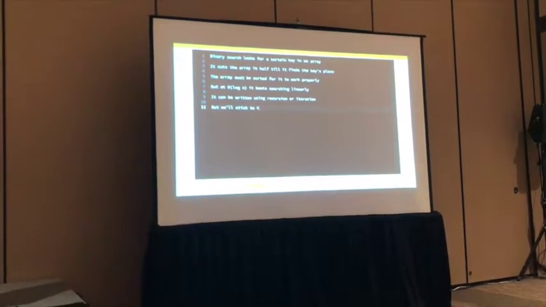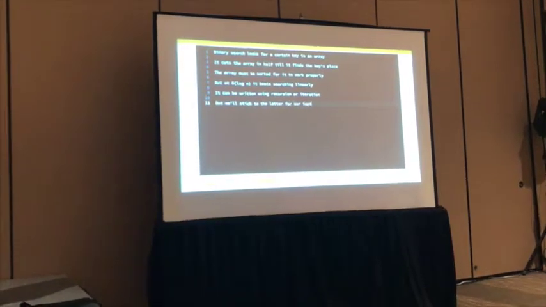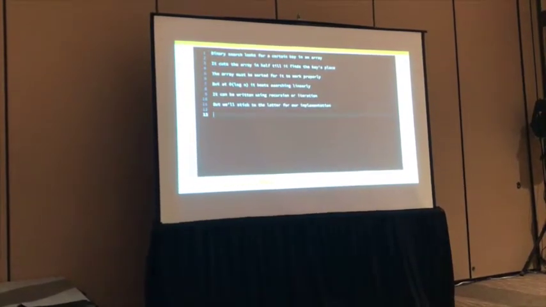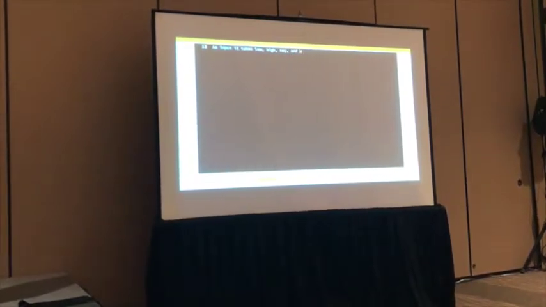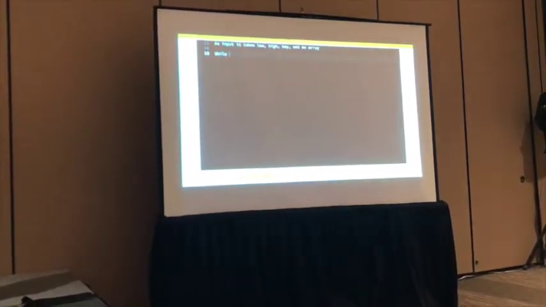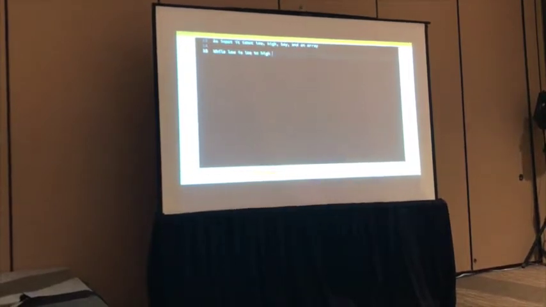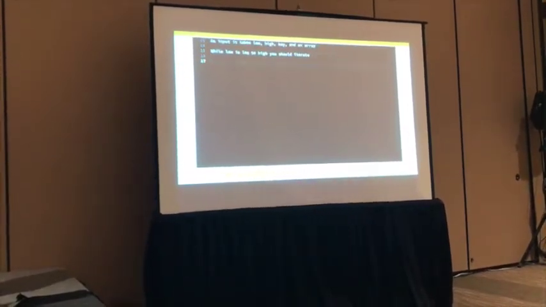Bubbles stick to the ladder for our implementation. But it takes low, high, and an array. While low is LEQ, high you should iterate.